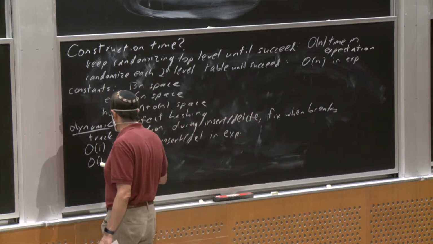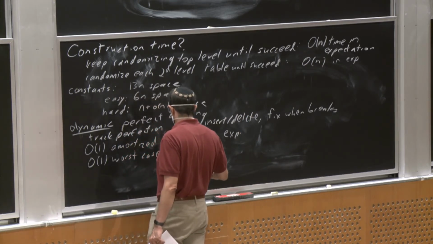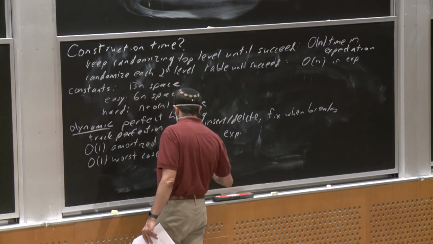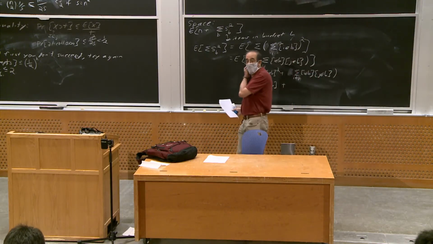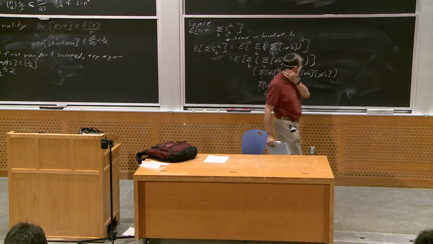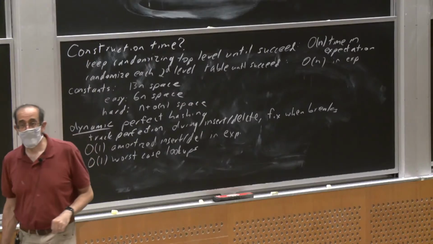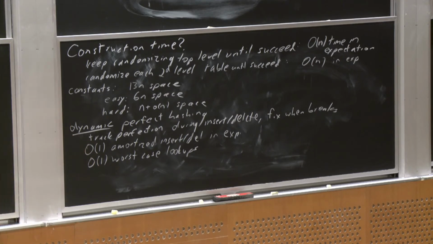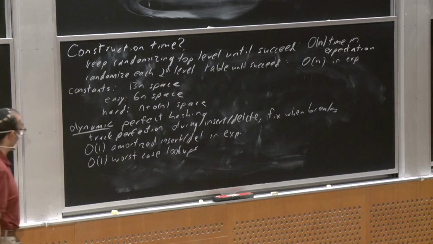And you can still manage order 1 worst case lookups. Okay? And if you work even harder, if I am recalling correctly, you can even get rid of the amortization here and really achieve worst case constant time for everything using the ideas from perfect hashing.